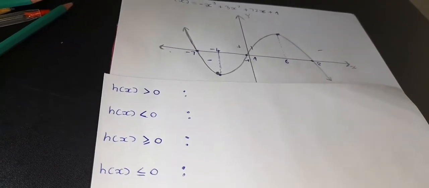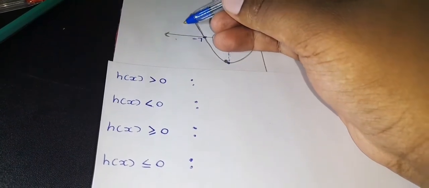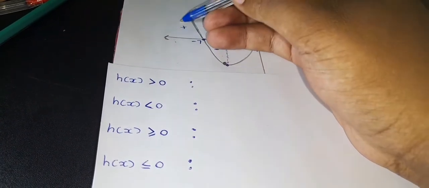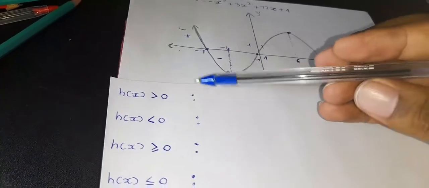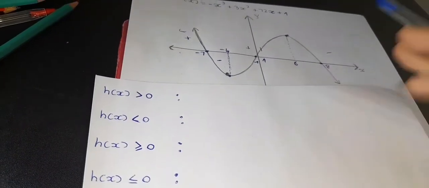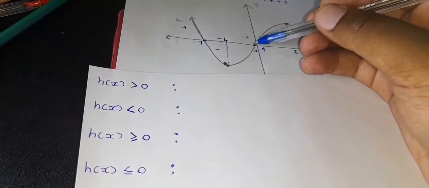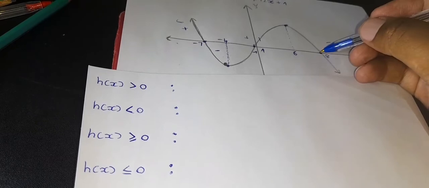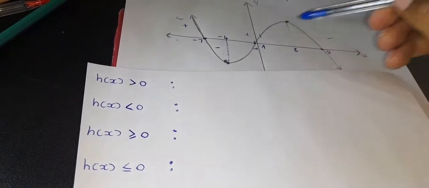So h of x is positive from this side up to negative infinity. So from this side to negative infinity, this graph will be greater than 0. And then also at this portion here, from -1 to positive 8, this graph will be greater than 0.